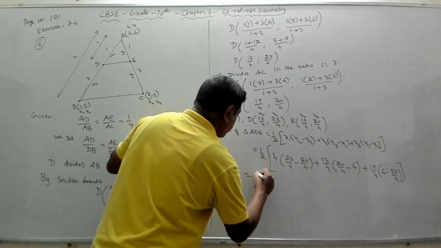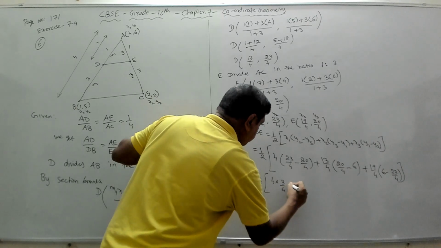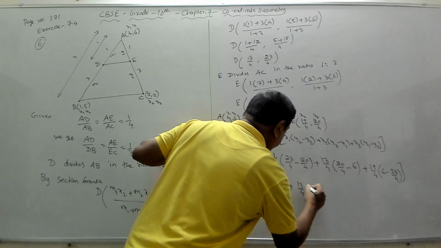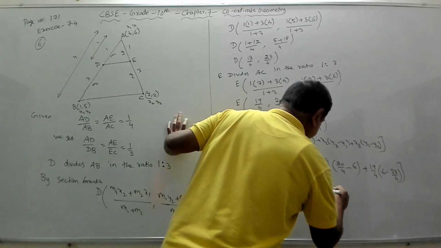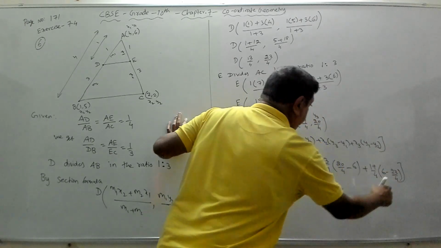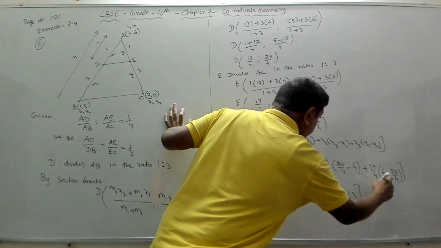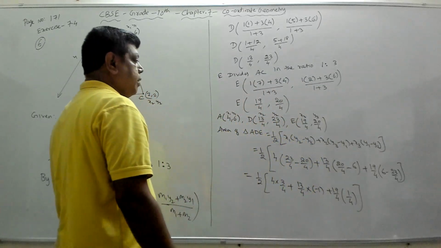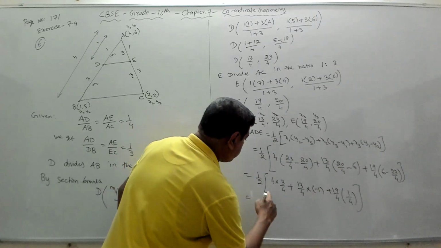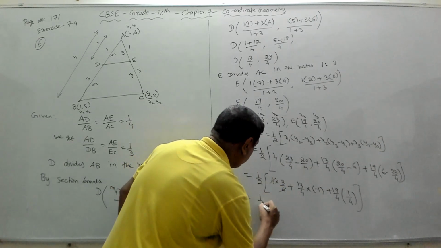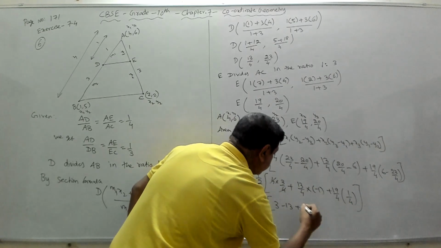Simplifying, you get 1 by 2 of 4 into 3 by 4, plus 13 by 4 into 5 minus 6, which is minus 1, plus 19 by 4 into 6 minus 23 by 4, which is 1 by 4. So now if we simplify further, this 4 gets cancelled, and you get 1 by 2 of 3 minus 13 plus 19 by 16.